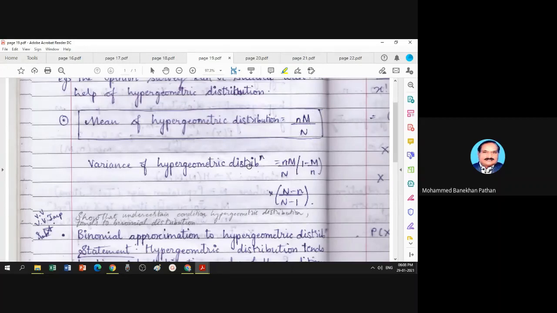The variance of the hypergeometric distribution is small n, capital M divided by capital N, same as the mean, multiplied by 1 minus capital M divided by capital N, multiplied by another bracket, capital N minus small n divided by capital N minus 1. So this is the expression for the variance of hypergeometric, and this is the expression for the mean of hypergeometric. This much you have to remember.